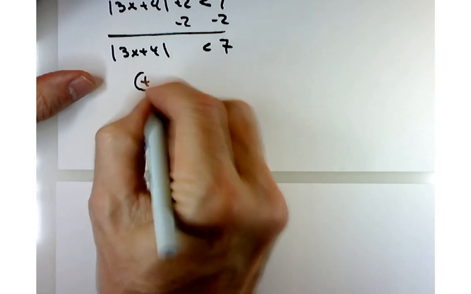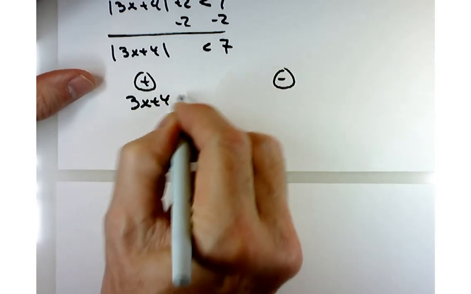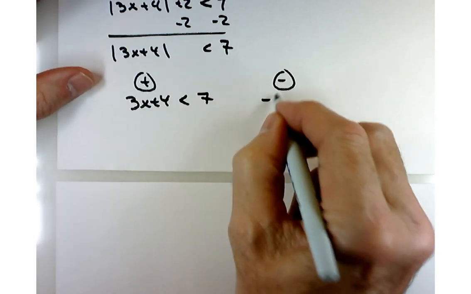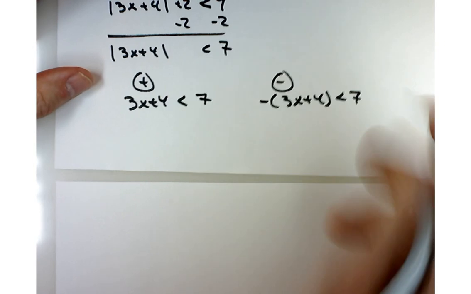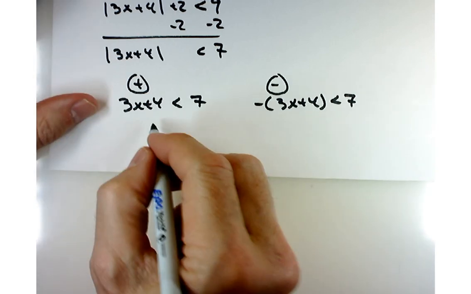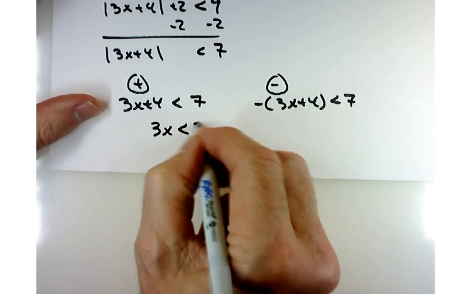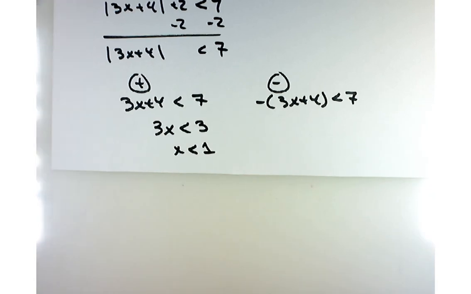So the positive case and the negative case is going to be 3x plus 4 is less than 7, and negative of 3x plus 4 is also less than 7. Let's solve each of these. x is less than 1.